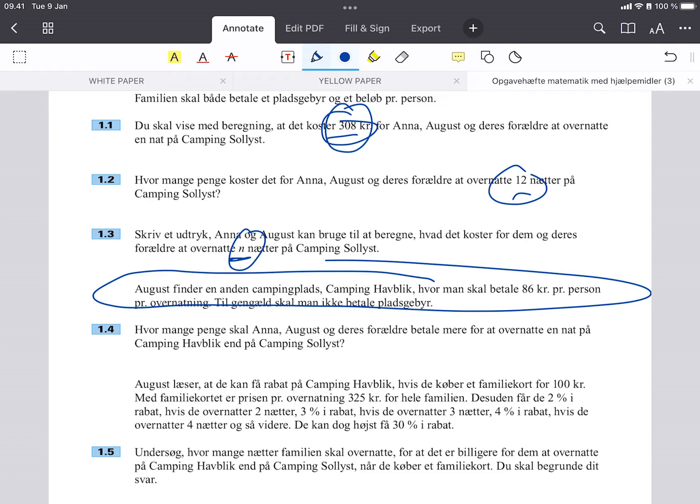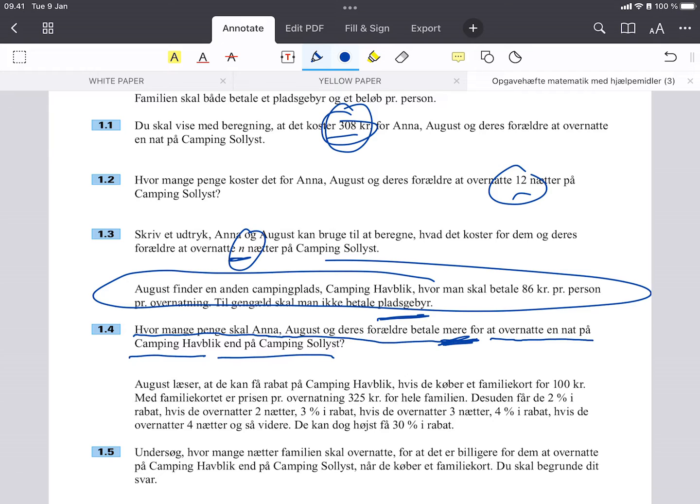On the other hand, you don't have to pay a basic fee, so you don't pay for the basic stay, you just pay per person. How much money would Anna, August and their parents pay more for an overnight stay at Camping Halblick than at Camping Sollust?